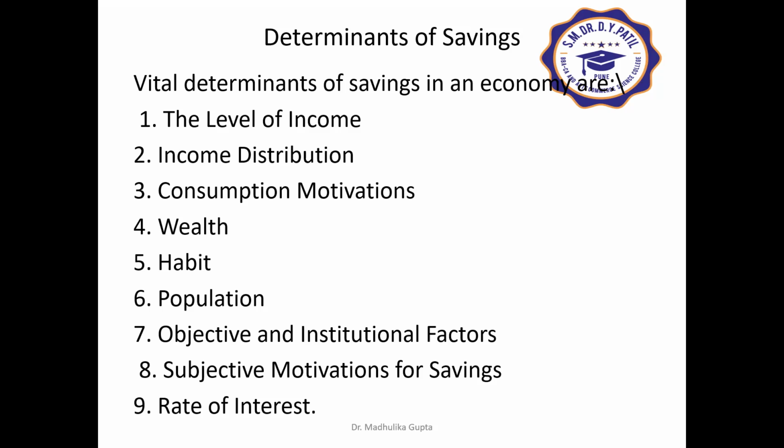Do you agree? You save more if you find that interest is more, right? Keynes, however, did not agree with this view. He asserted that savings is a function of income. There are different views, but the classical theory holds that the rate of interest determines savings, and we also think that somehow, in a particular proportion, it determines savings, right?